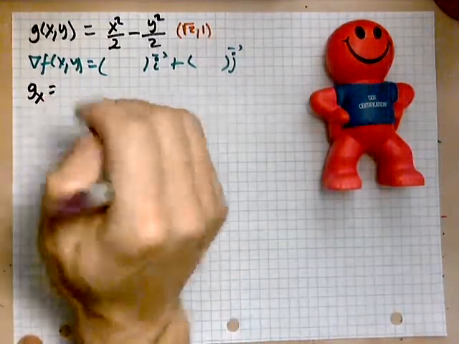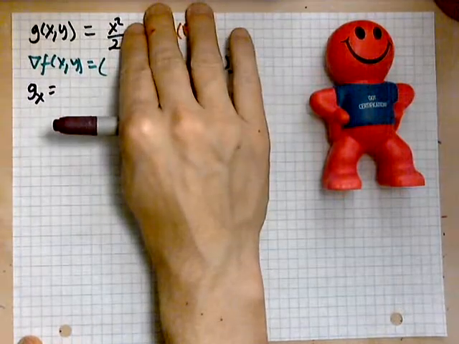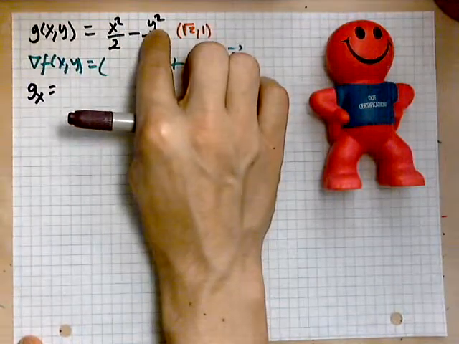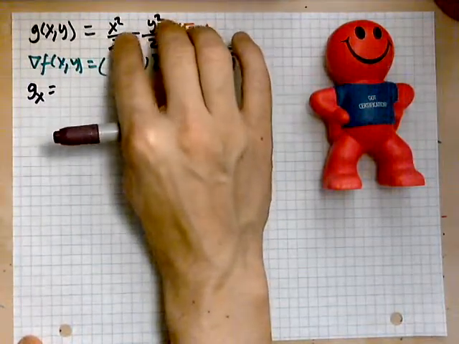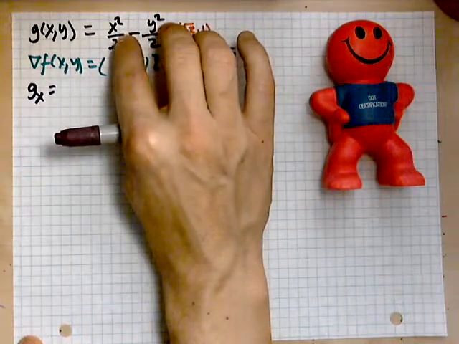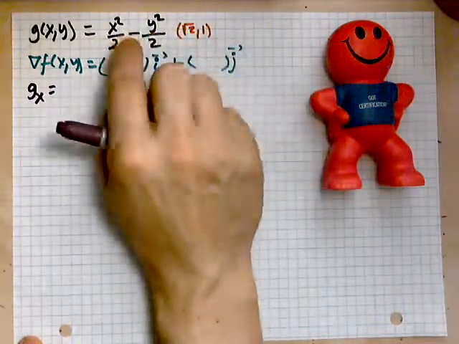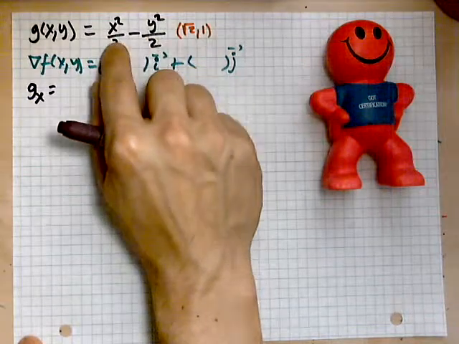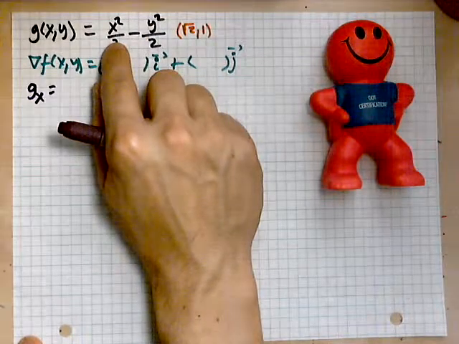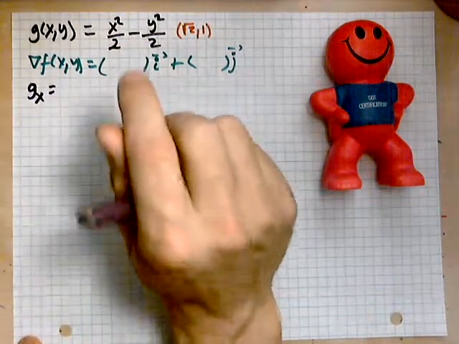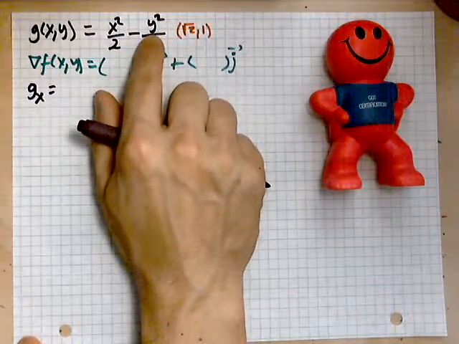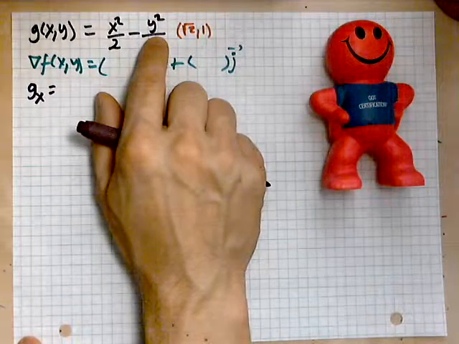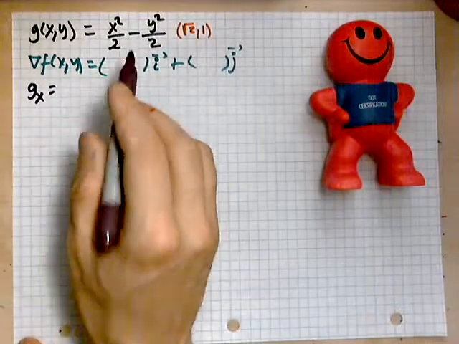g sub x is found using the power rule. The y is constant, so it goes away. It doesn't change with respect to x. In other words, you fix y and vary the x. So with respect to x, the y part is constant, so it goes away. Let's differentiate.